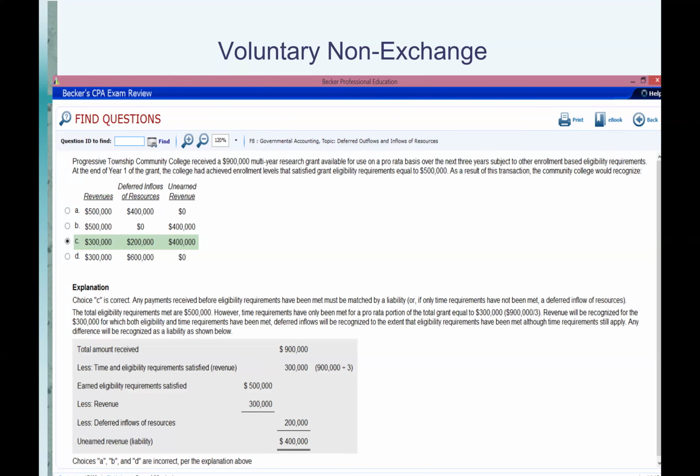Now, when I look at this solution, I kind of look at it like this. For me, the easy part is they got this 900,000, and they've met eligibility for 500,000.